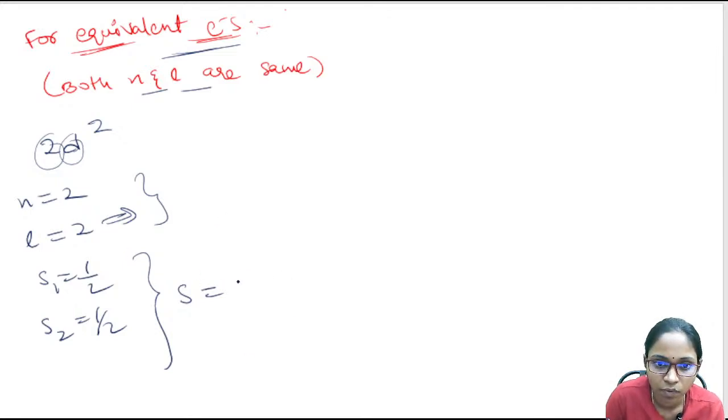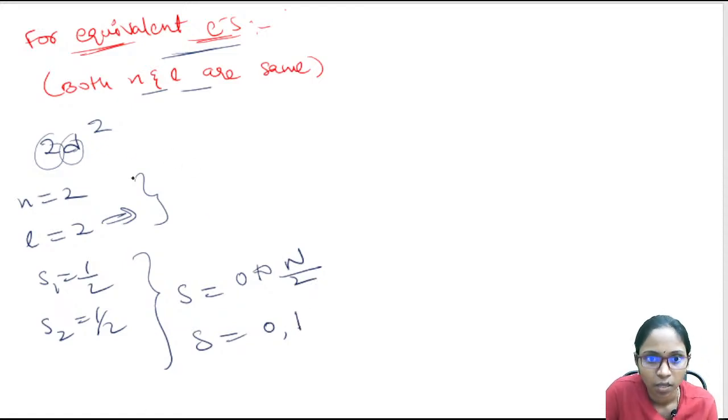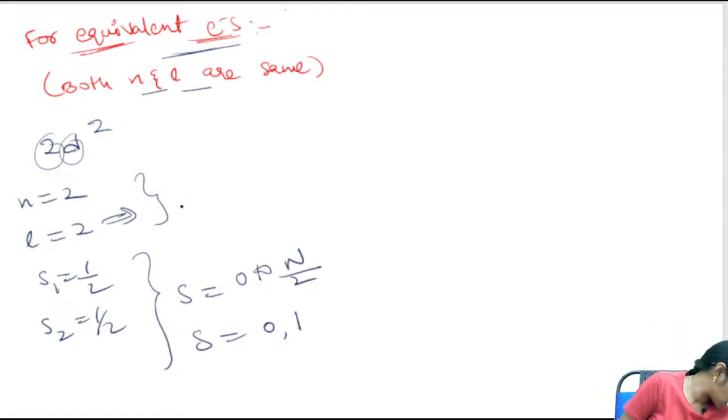So S values will be n/2 down to 0. Therefore S equals 0 and, for 2 electrons, 2/2 will be 1. Okay, these are the S values for the 2 electrons I am considering.